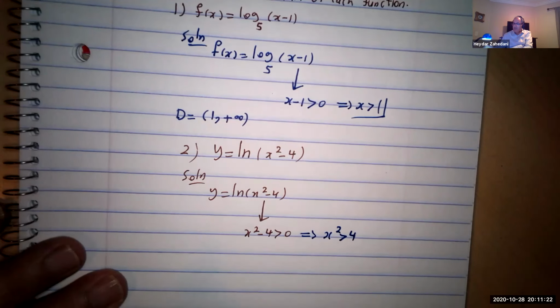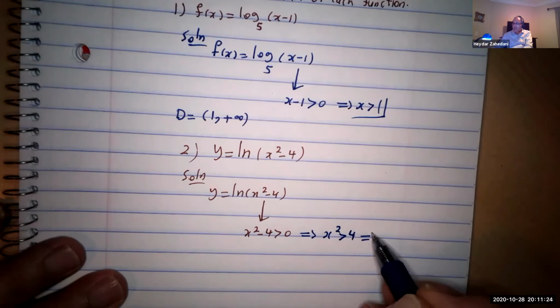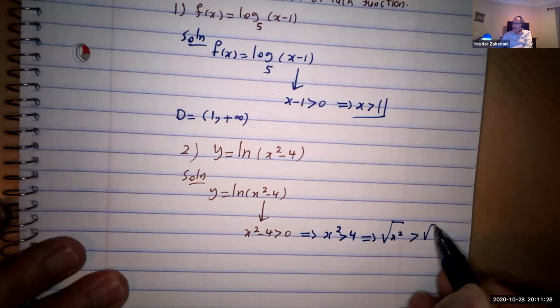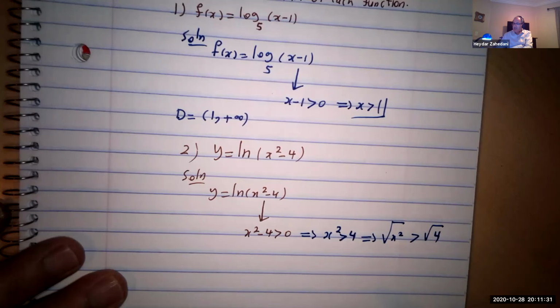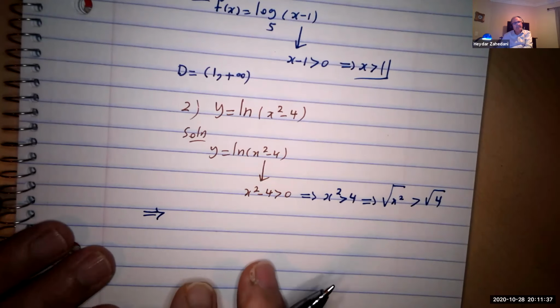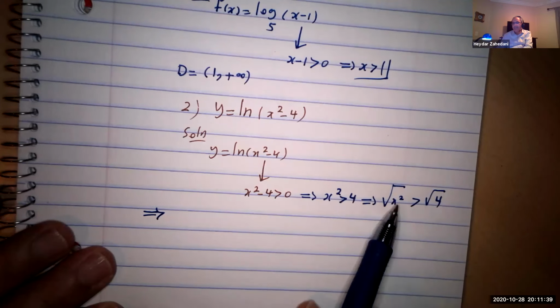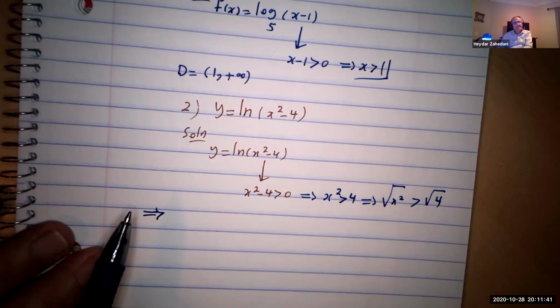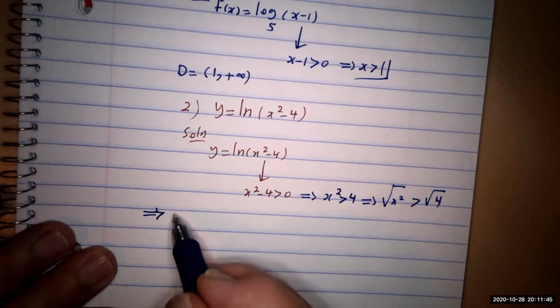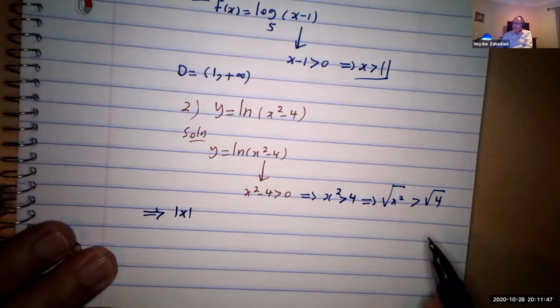So radical x squared greater than radical 4. What is radical x squared? Any suggestion? Absolute value of x. Excellent. Absolute value of x greater than 2.